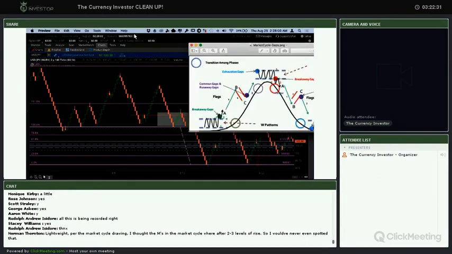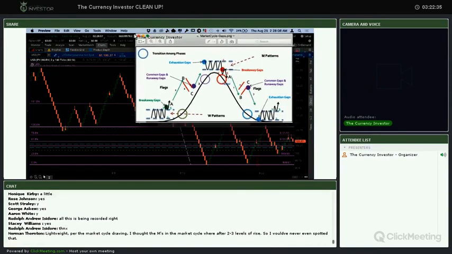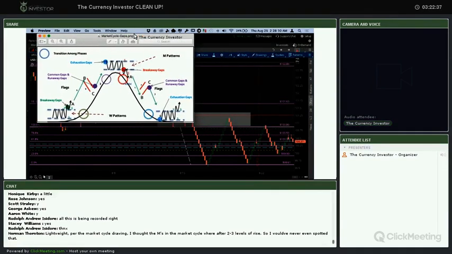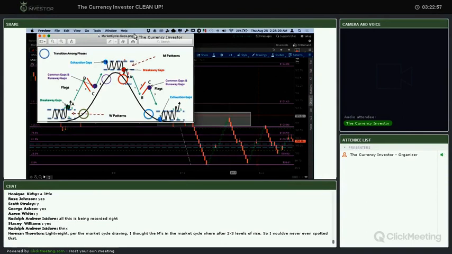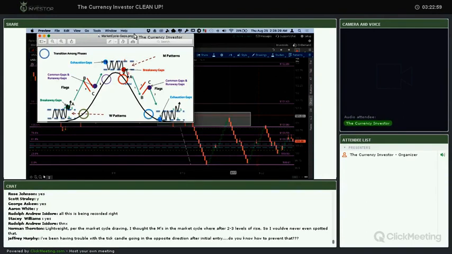Going back to this, so look, price comes from demand, gets a flag, goes up to supply.